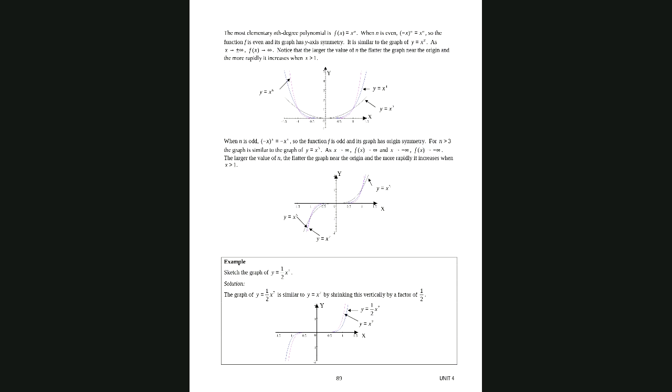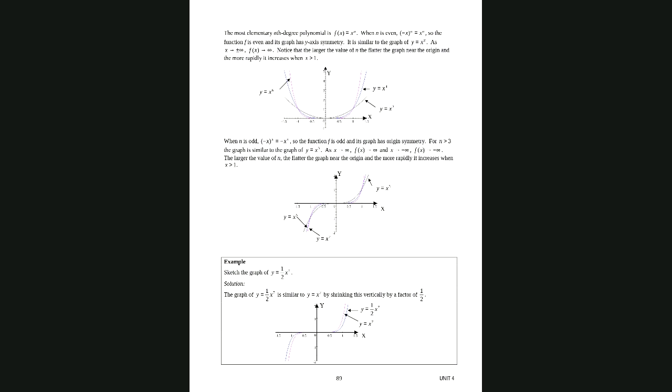Last time in class, we also showed you the expansion of graphs. For instance, if you have x squared, it is small. When the exponents are even numbers, as the even numbers begin to increase, the base of the graph begins to expand.